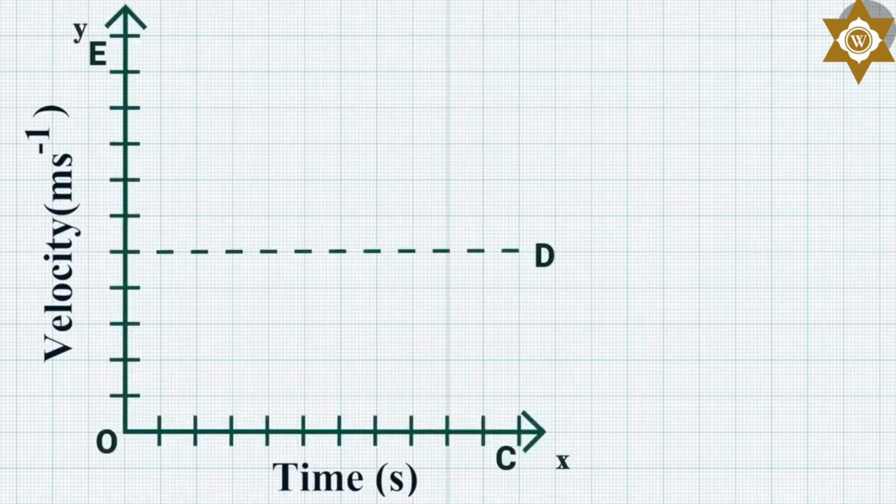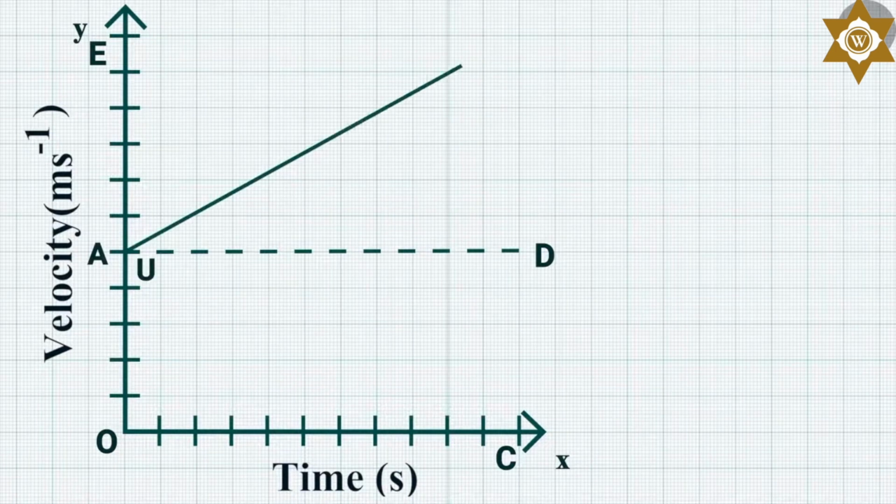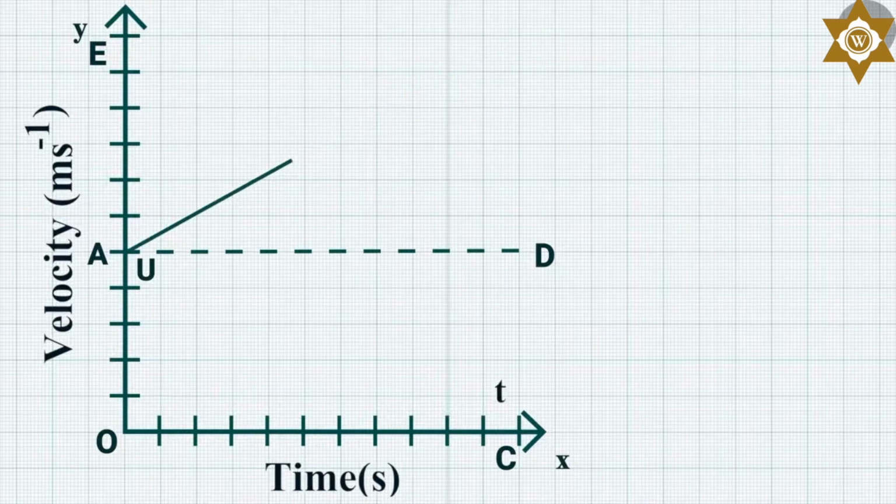According to this graph, the object starts at point A with an initial velocity of u and moves with a uniform acceleration. And the final velocity is v, marked at point B in time t.